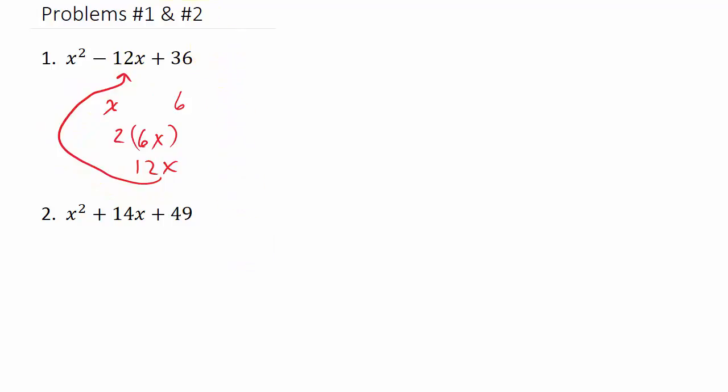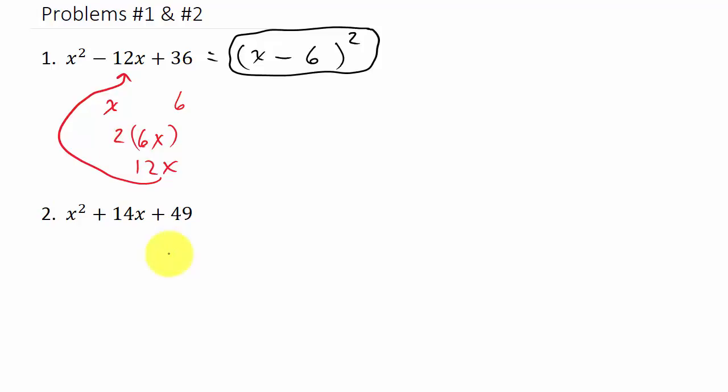So that means that we can factor this with the parentheses squared. The square root of x squared is x, this sign, and the square root of the last term. And there's your answer.